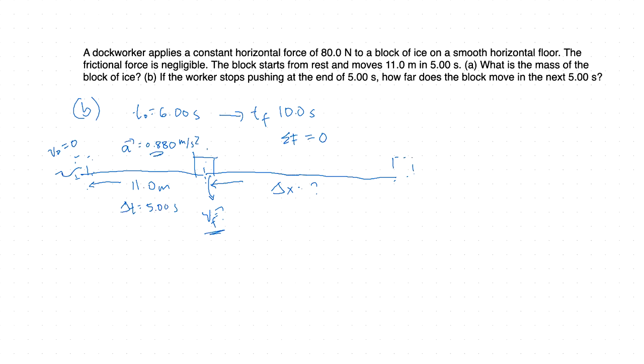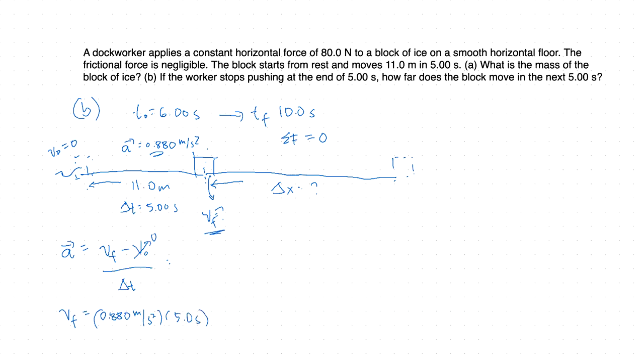So let's find out. Acceleration is equals to the delta V, or the final velocity minus the initial velocity, over time duration. If we equate that, we can find the final velocity is equals to, alam natin the initial velocity is 0, so the final velocity is 0.880 meters per second squared times 5 seconds.